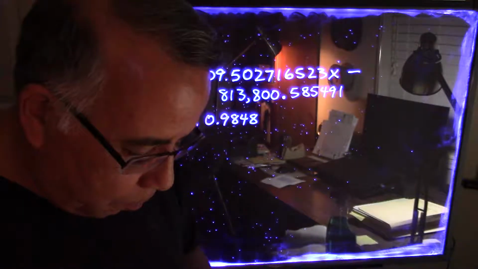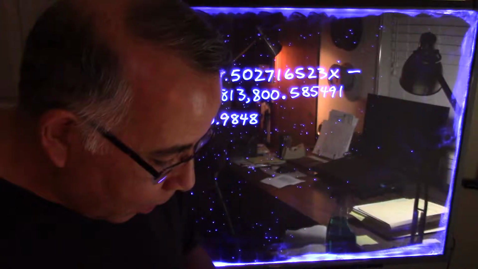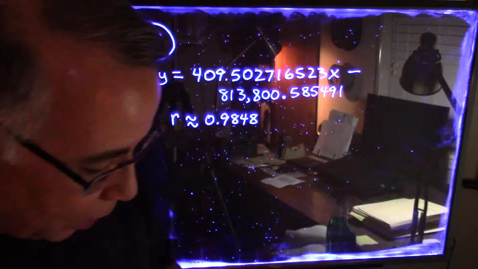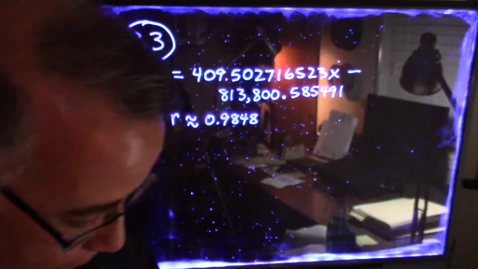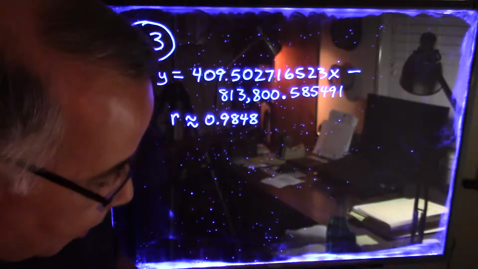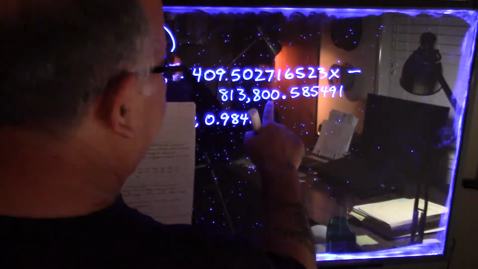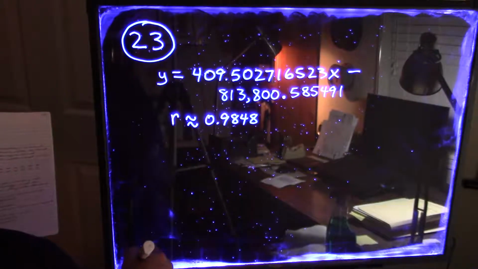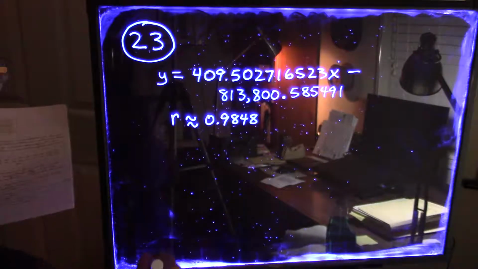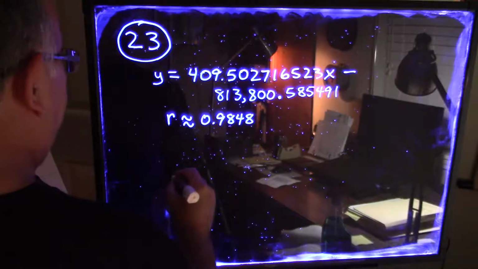So the question, when will imports exceed 12,000 hectoliters? How do you do that? Well, you set the equation for this line greater than 12,000, and then solve for x.